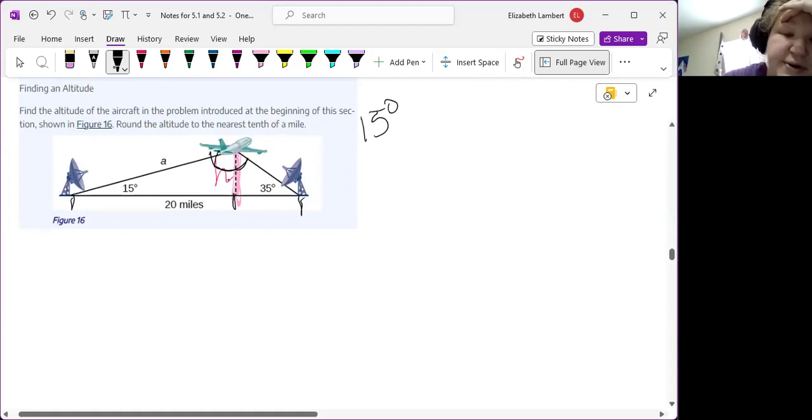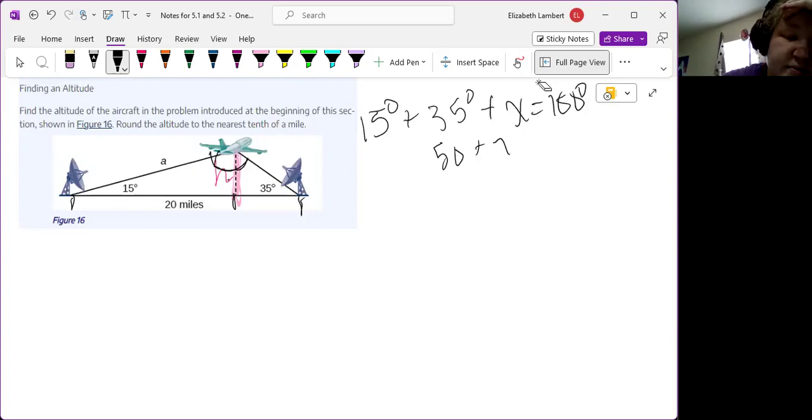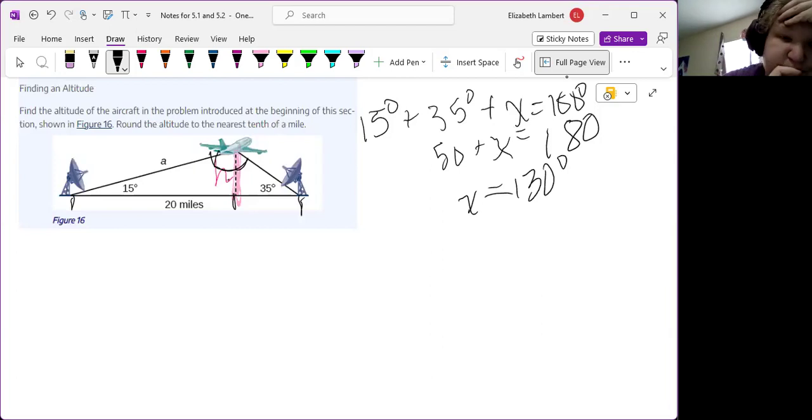So 15 degrees plus 35 degrees plus our unknown equals 180. Okay.